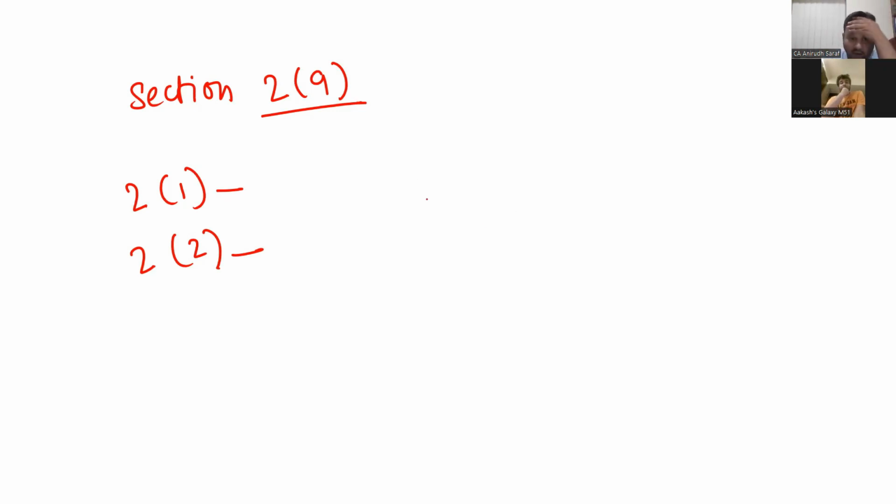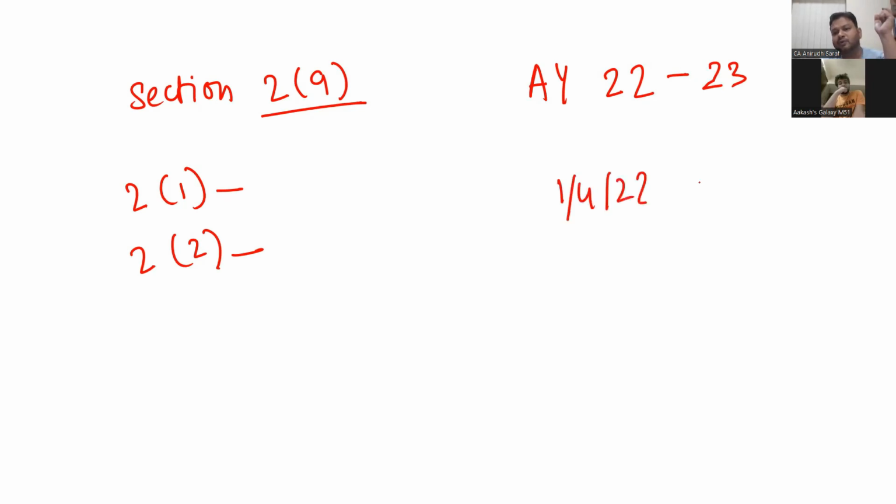So whenever I talk of assessment year, in short, in income tax, we say, for example, AY 22-23. This means assessment year 1st April 22 to 31st March 2023.